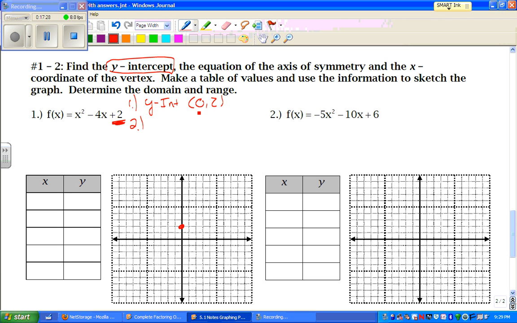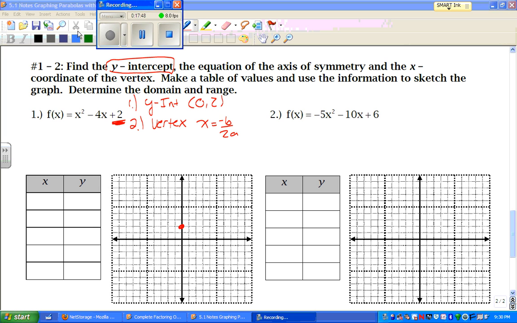The second step, we are going to find our vertex. And who remembers the formula for vertex? If you don't, look up at the page, and it is x equals the opposite of b over 2a. Alright, so again, what's my b value? You got it, my b value is -4.